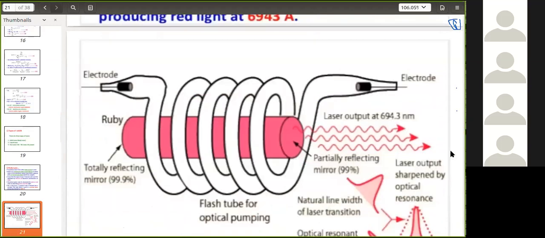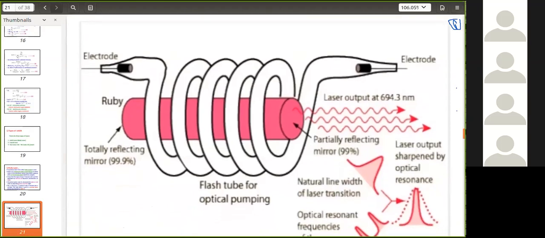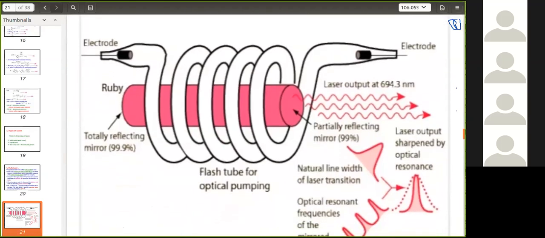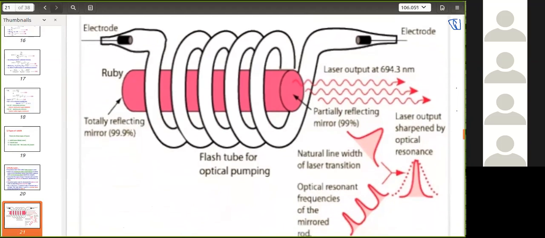So look at the picture carefully. So here the pink rod, it is basically the ruby rod. So first I will tell you the mechanism.